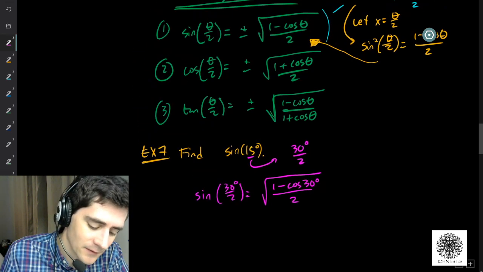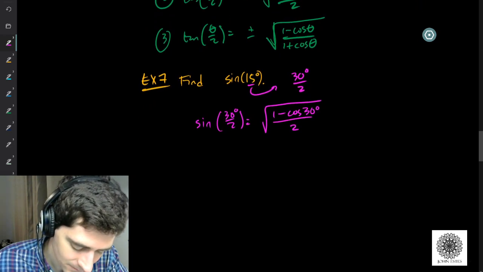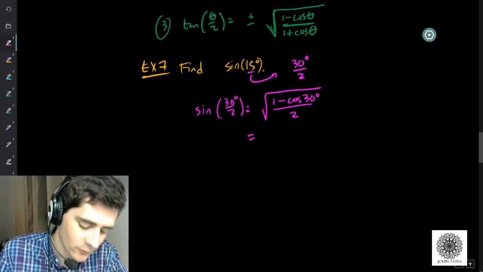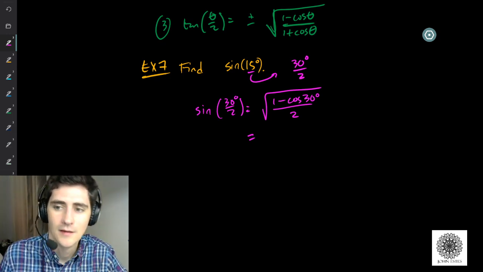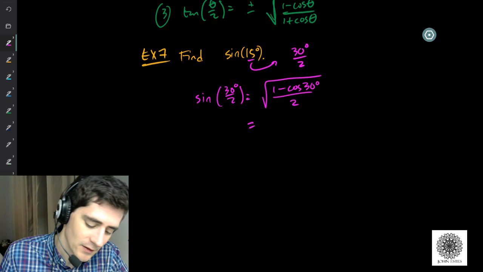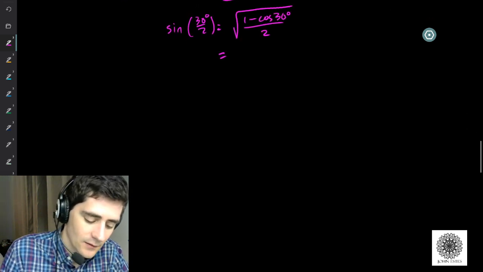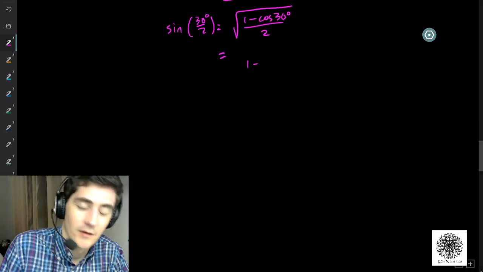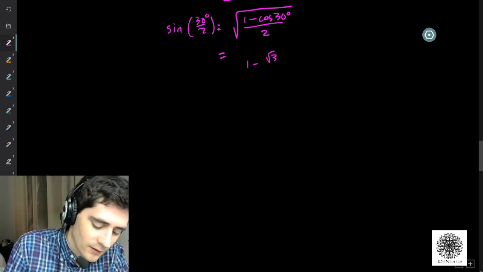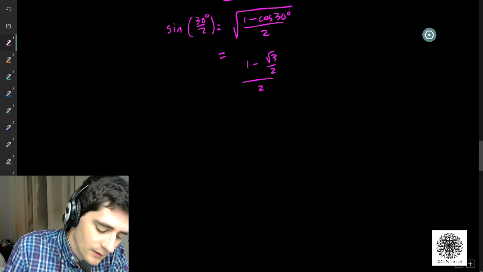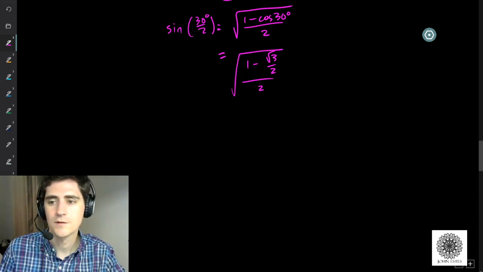I'm just using my half angle identity here. And it's positive, why? Because 15 degrees is in the first quadrant, right? So now from there it's just some algebra. Cosine of 30 degrees, if you remember, is what? Sine of 30 degrees is 1/2. So cosine of 30 degrees is root 3 over 2, all over 2, all under the square root.